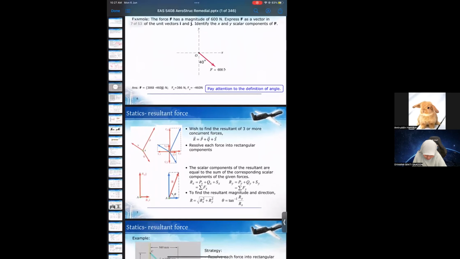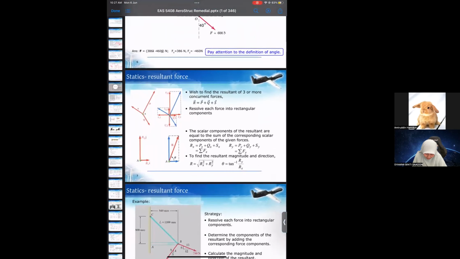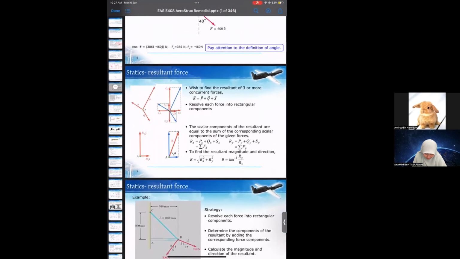So what if we have a static resultant force? If you have a static resultant force, the force can be decomposed into three different directions.